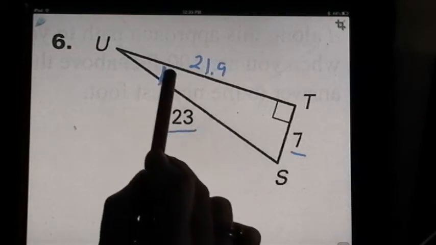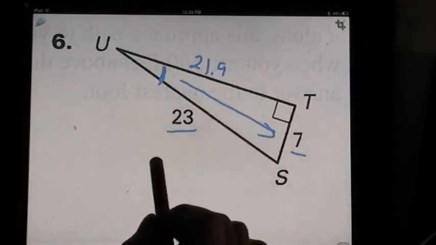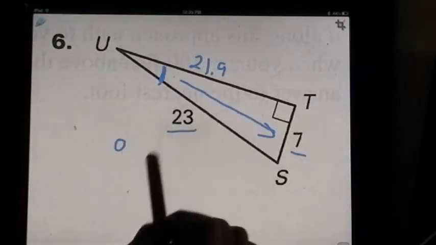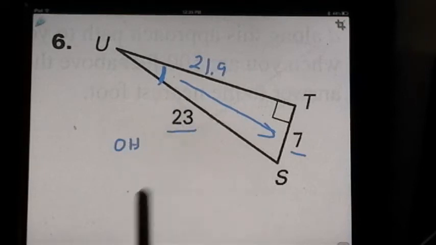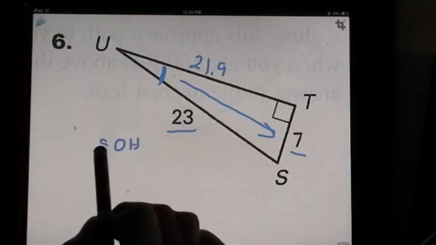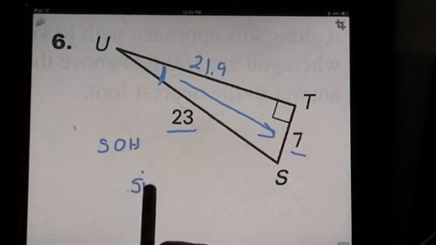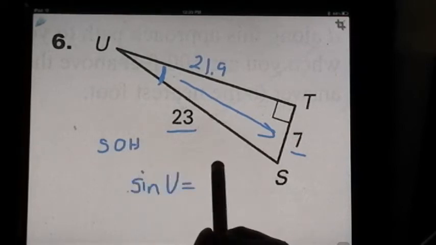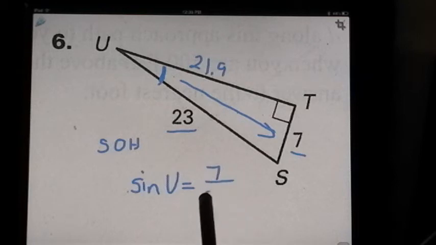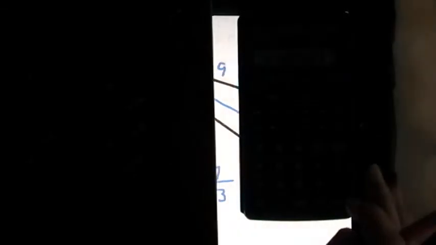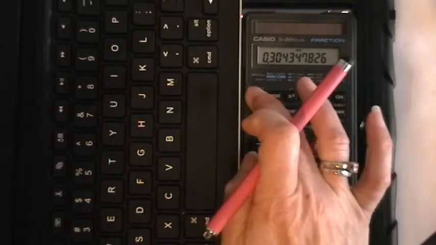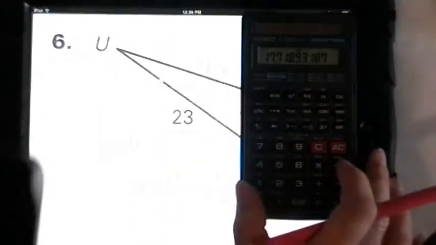Using our original numbers, which are 23 and 7, let's find the measure of U. Okay, 7 is the side opposite of U, and 23 is the hypotenuse. So we have the opposite and the hypotenuse, which is sine. So we say sine of U equals 7 over 23. Using the Casio, 7 divided by 23 equals, and this is inverse sine, 17.7.